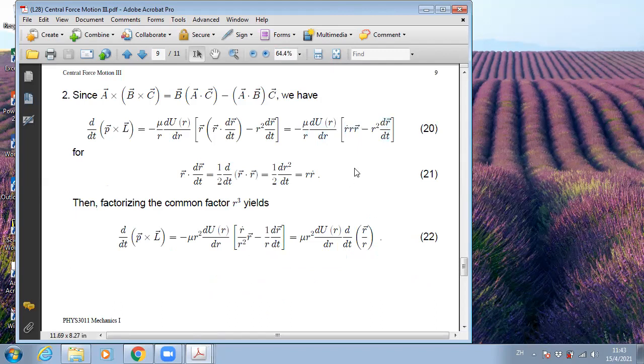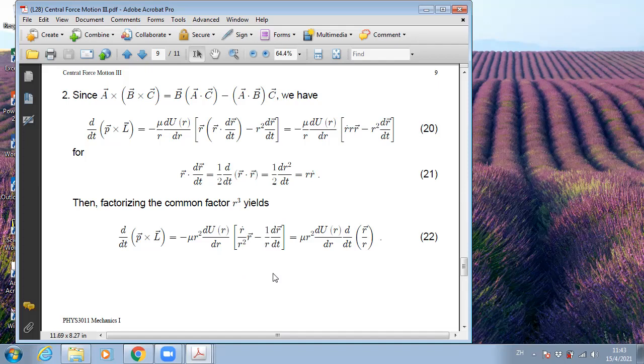Now, finally, we can factorize the common factor R cubed. So we pull out the R cubed from both terms inside the square bracket.